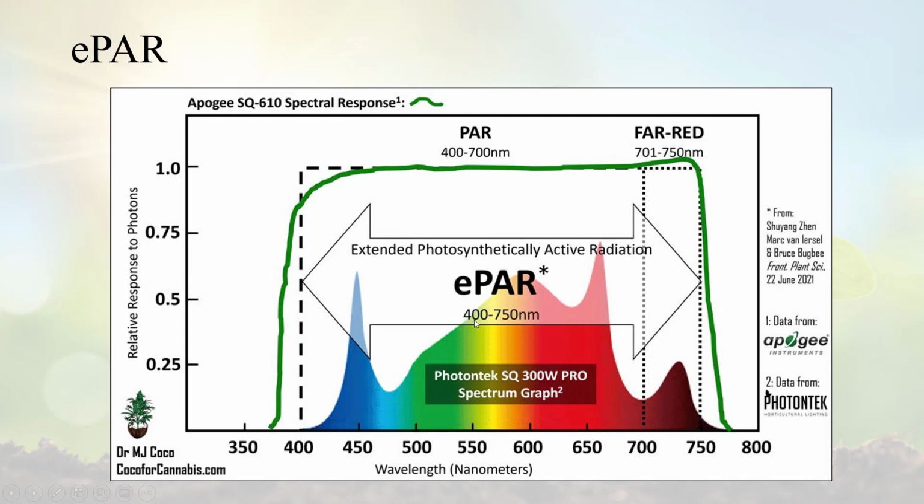Well, taking into account that Emerson effect, we know that far red light has that added bonus and that added effect. We now consider, or at least with this EPAR, really anywhere from 400 all the way up to 750 nanometers being important for photosynthesis, because we're starting to recognize the importance of that far red light, both in its effect alone and with that added effect as part of that Emerson effect.